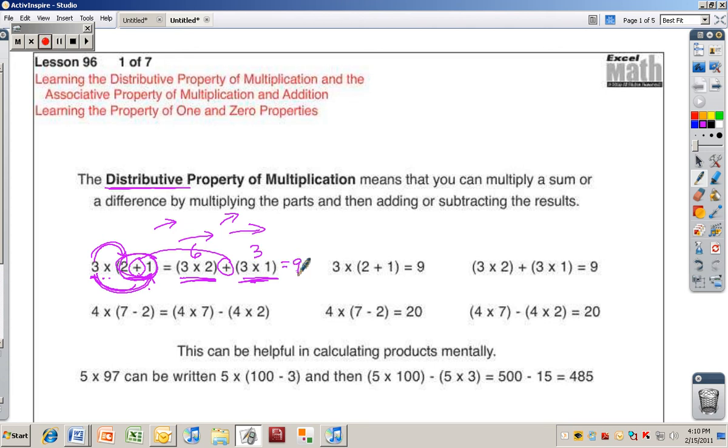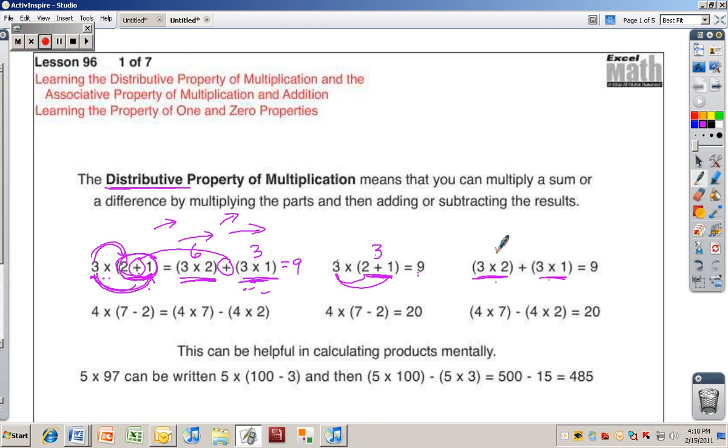All right, let's take a look at the old way of doing it. 3 times 2 plus 1, you would have done this part first. So everybody write a 3 over there. 3 times 3 is 9. What they're showing you here is that when you do it like this, you get 9. And when you use the distributive property, which looks like this, the 3 times the 2, the 3 times the 1, just like I showed you back here.